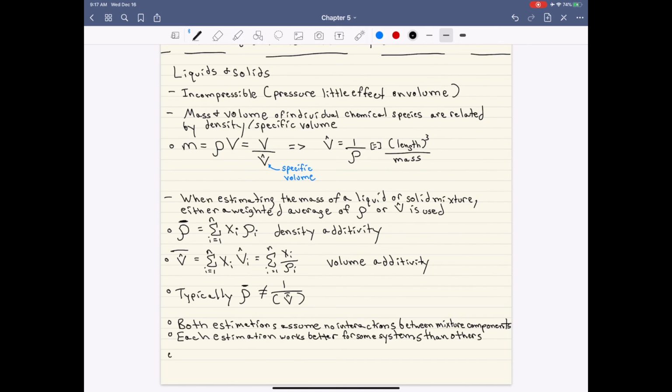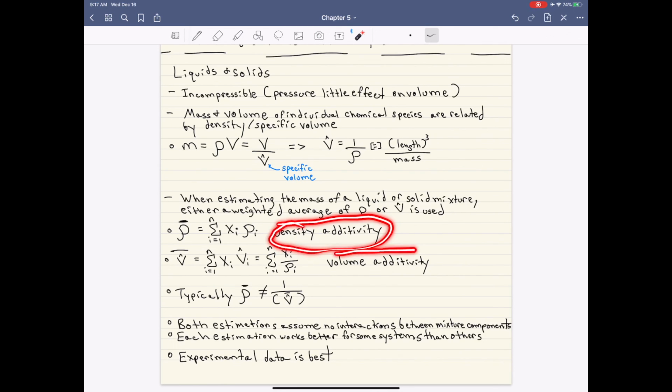And in the end, if you want a true measure of the average density of the system or the average specific volume of the system, and really if you want a true measure of the mass of the system, experimental data is always going to be the best. Nevertheless, these sort of approximations are useful when we're trying to characterize the mass or the volume of our system.